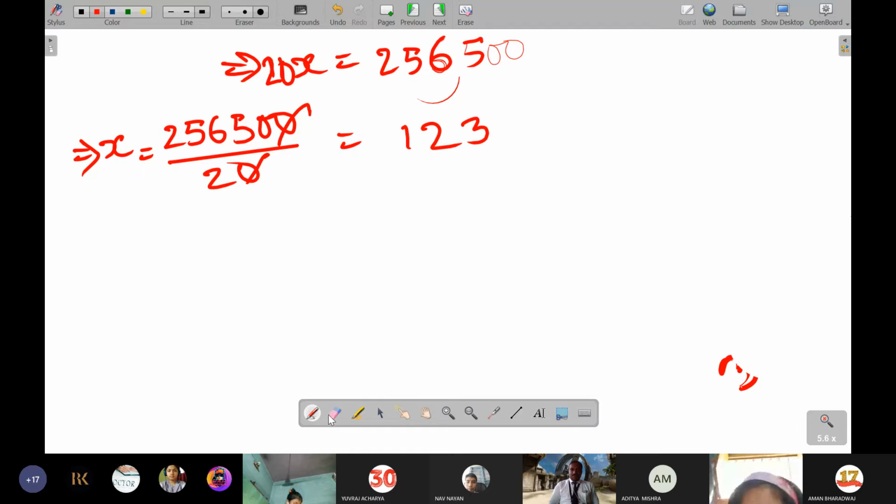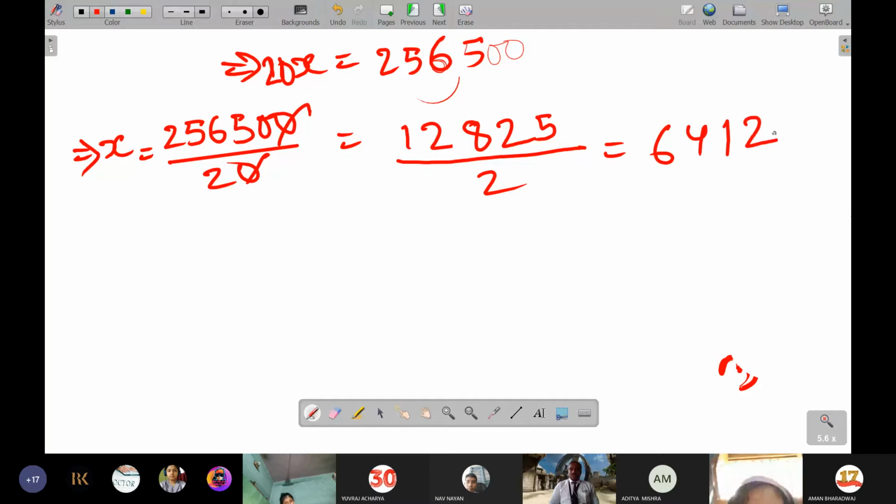So 2 2 is 4, 1 will be there. So 1 and 6 16. So 2 8 is 16. And then again 2 2 is 4 and 2 5 is 10. So what will happen now? With 2 dividing, it will become 2 6 is 12, 2 4 is 8, 2 1 is 2, 2 2 is 4 and 1.5. So this is the cost of one refrigerator.